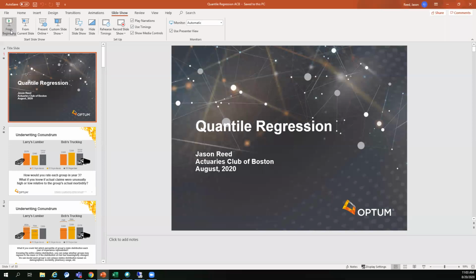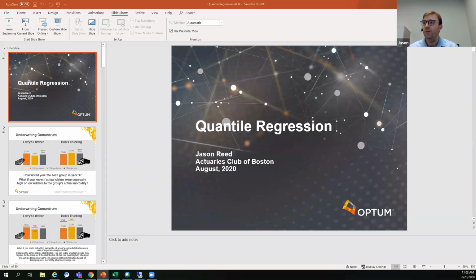Great. So I'd like to talk about quantile regression. It's not really a new mathematical or statistical technique, but it's computationally new, in the sense that it's a new possible thing for us as actuaries to investigate.